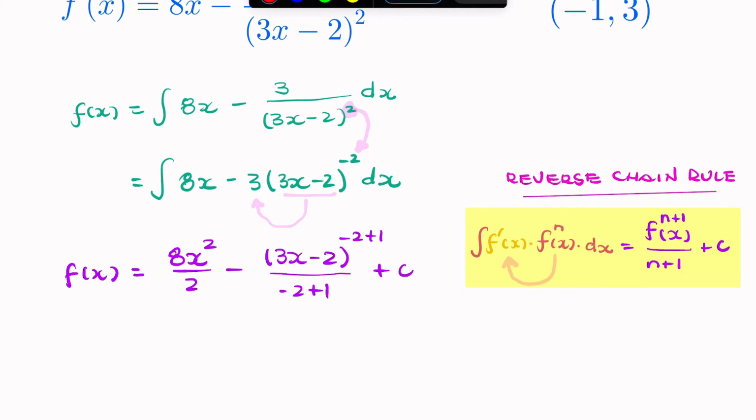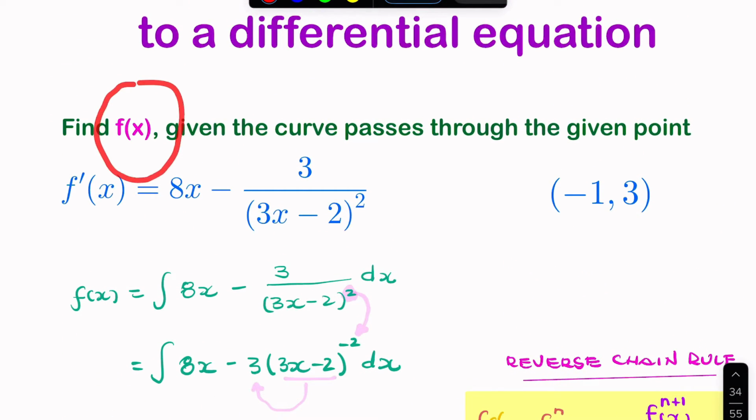So I've applied the reverse chain rule here. Negative 2 plus 1 is negative 1. And dividing by minus 1 is the same as multiplying by minus 1, so we might as well just change that sign to become a plus. So that now is f of x. That's what the question asked for, find f of x.